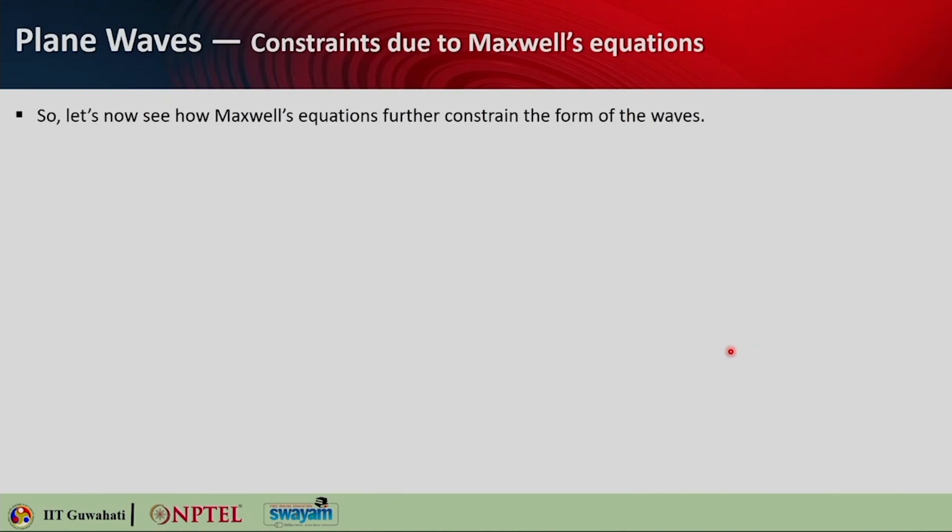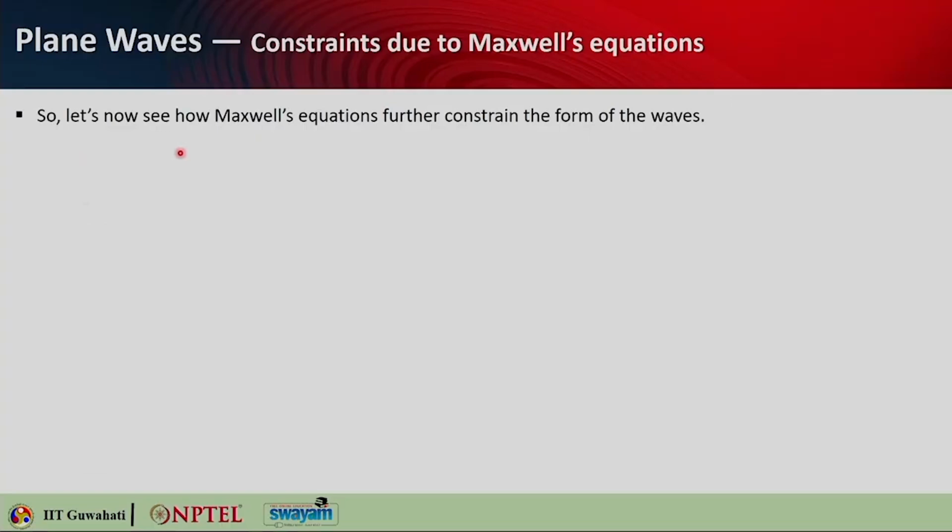So now let us see what the constraints put on this plane wave by Maxwell's equations are, because Maxwell's equations tell you about the coupled electric and magnetic fields. Depending on the relationship, there may be some constraints put on the plane waves, so that will be seen here.